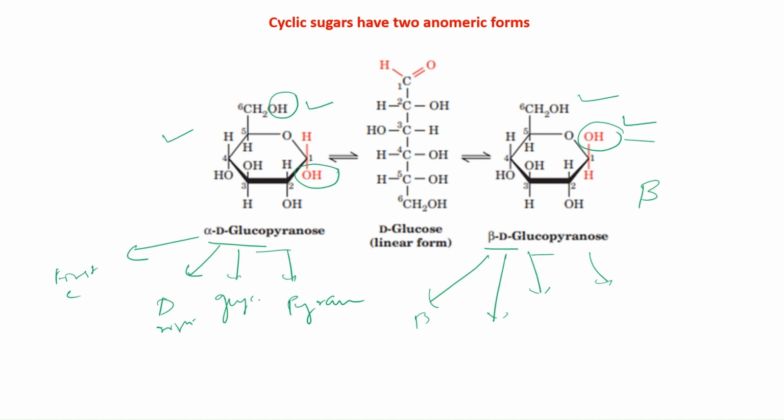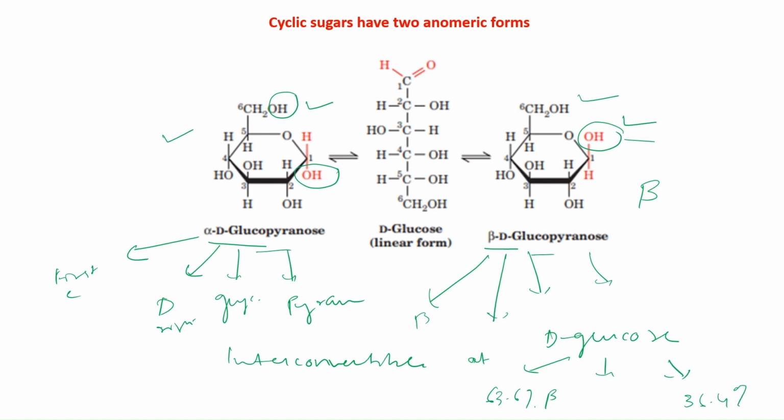Now these two forms are interconvertible. If we dissolve glucose in an aqueous solution, then at equilibrium the D-glucose will be in all three forms, in which 63.6% will be the beta form and 36.4% will be the alpha form, and in a very minute concentration we will find a linear form.